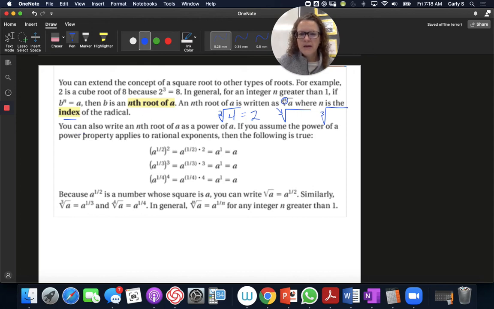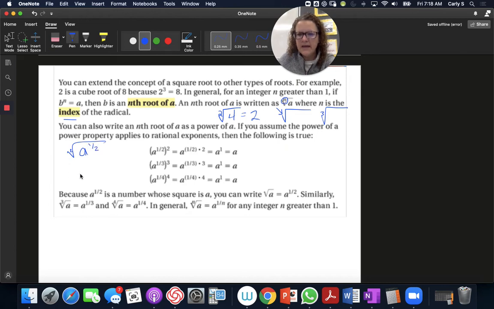You can also write an nth root of a as a power of a. If you assume the power of a power property applies to rational exponents, then the following is true. If I have a square root of a, that's not very legible. Let's write that again. I'm going to write a, and it's a square root. It's a to the 1/2.